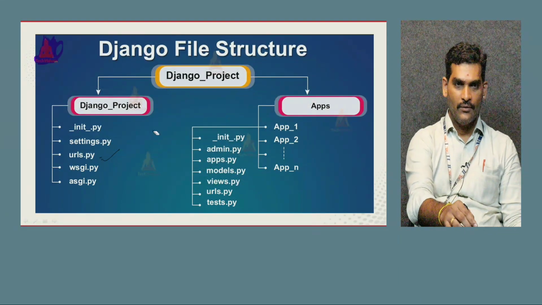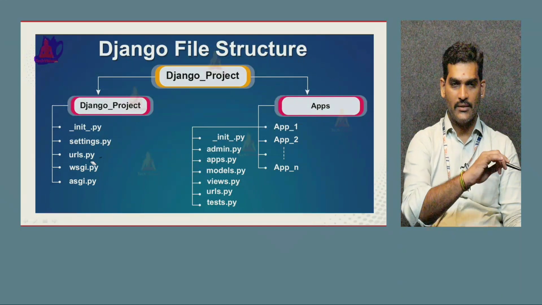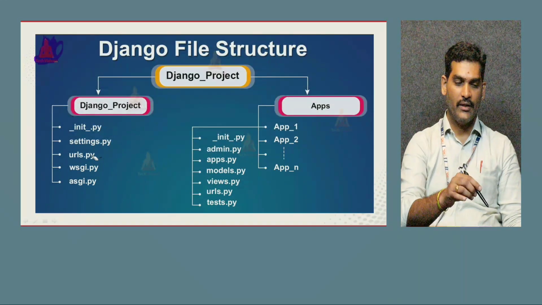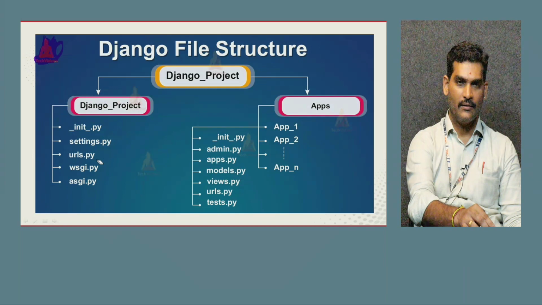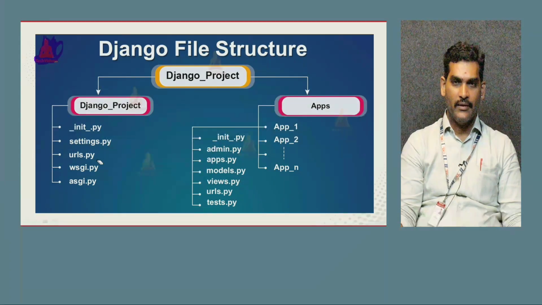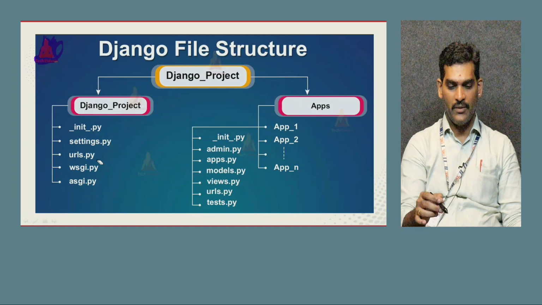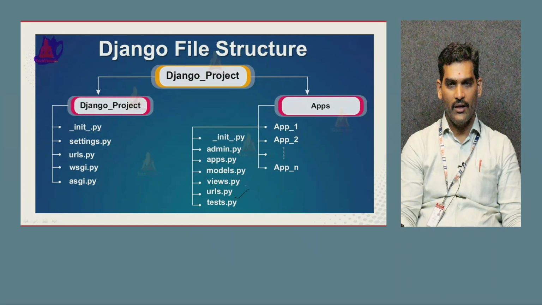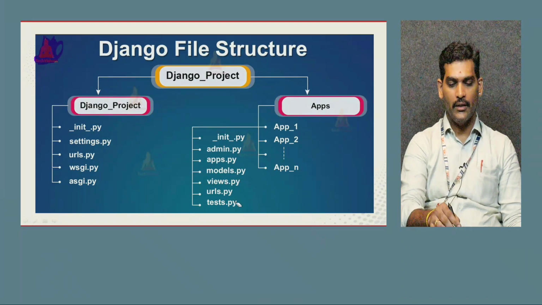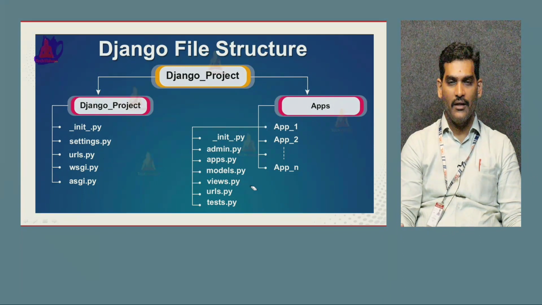So hope you understood that urls.py exists by default when a project is created, and when an app is created, there will not be any urls.py, though maybe it is shown here. We need to create urls.py so that the work will be done.